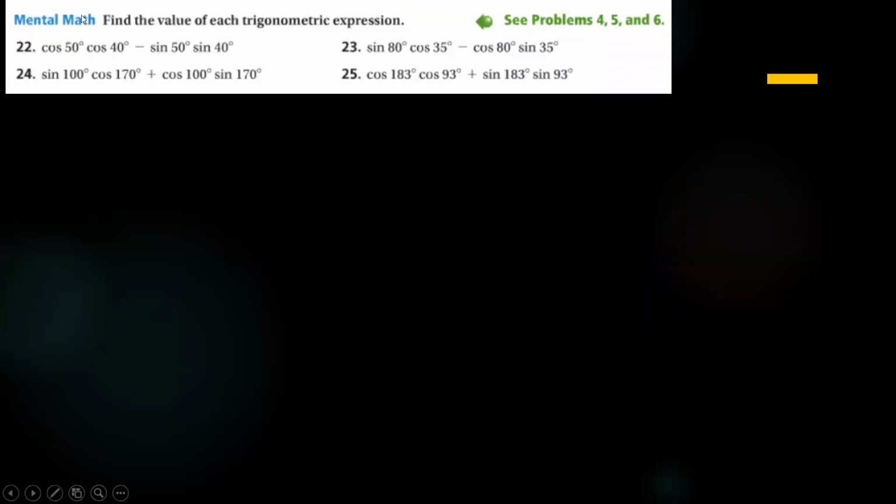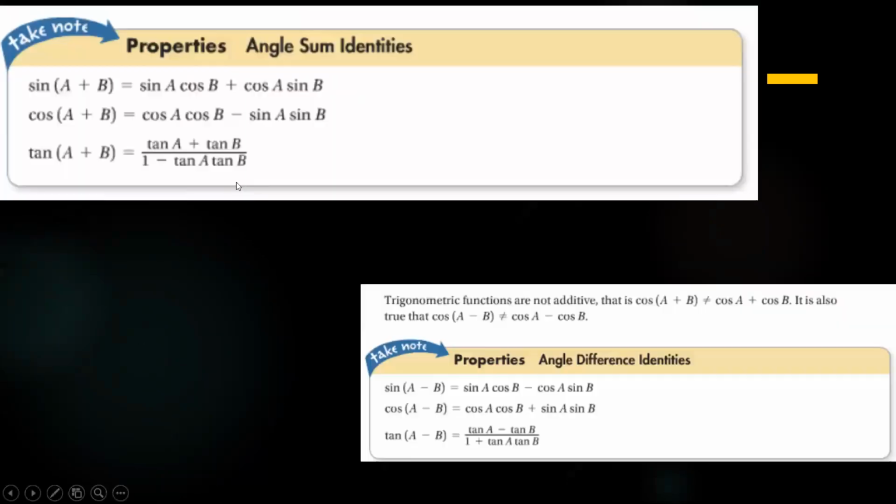Now, how the questions will come. Sometimes I give you the formulas, and you have to guess which angles and which identity I'm talking about. By the way, for the first year that I gave this algebra 2 to grade 12, and before that to grade 10 two years ago, I didn't ask them to use the calculator.